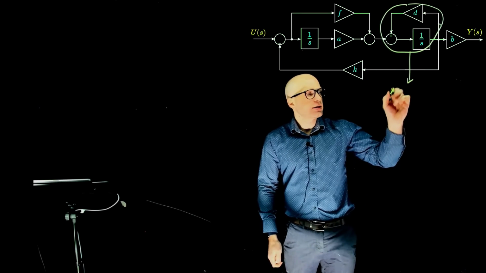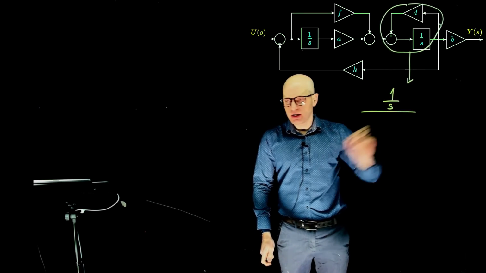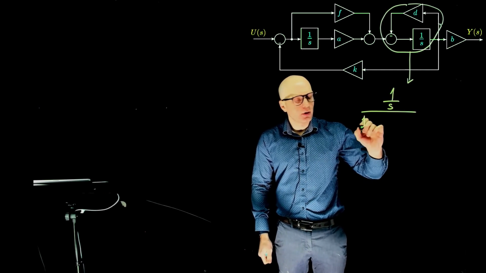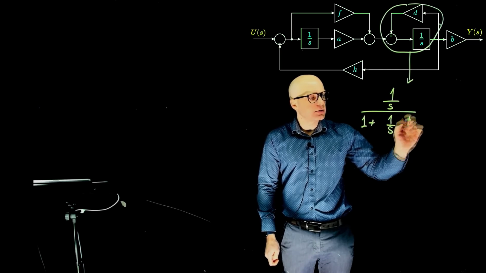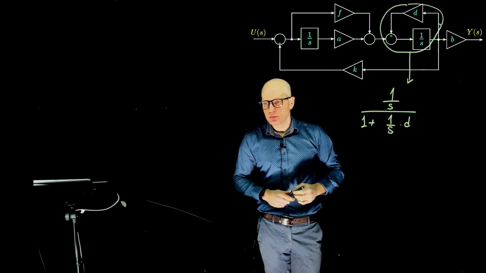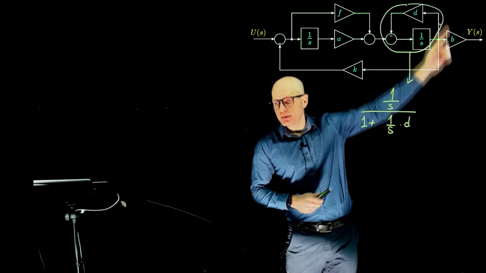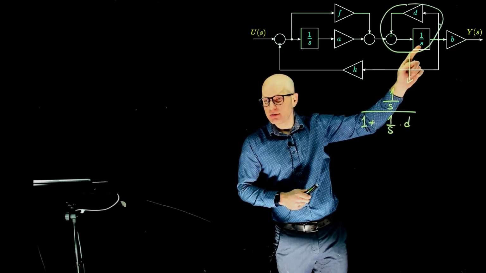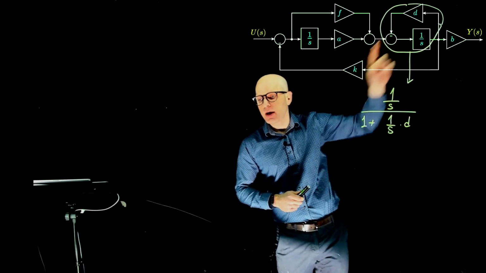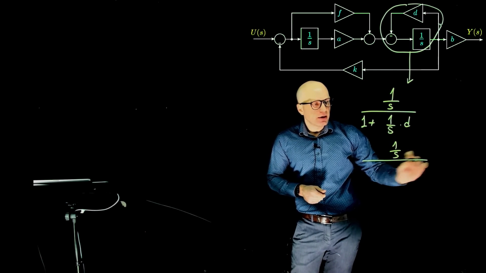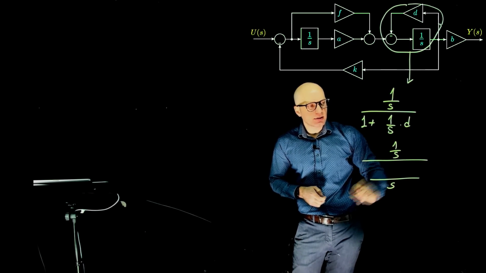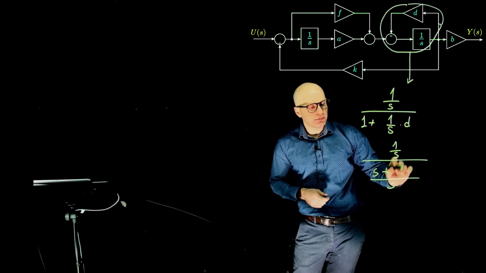It's 1 over s divided by 1 plus 1 over s times d. Now, don't get confused here because the feedback loop is going upwards. The line function is still 1 over s, right? The feedback is d. We have 1 over s divided by, common denominator is s plus d.